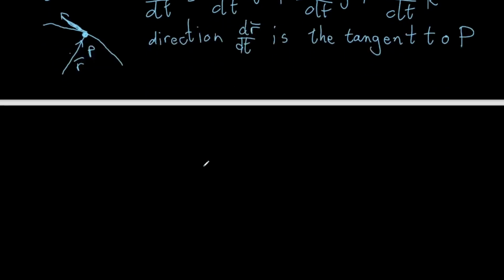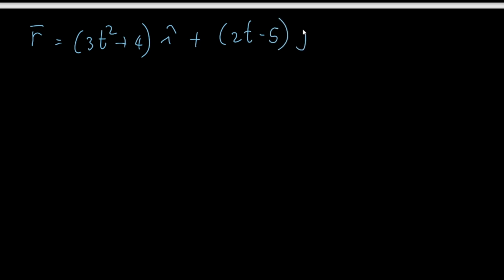So if we wanted to implement this in a simple example, we could think of some position vector r having x component 3t squared plus 4 i hat, plus 2t minus 5 j, plus 4t cubed k.